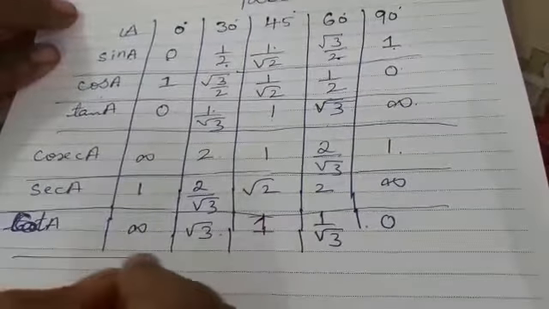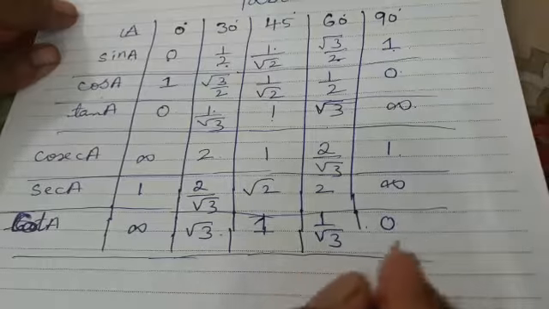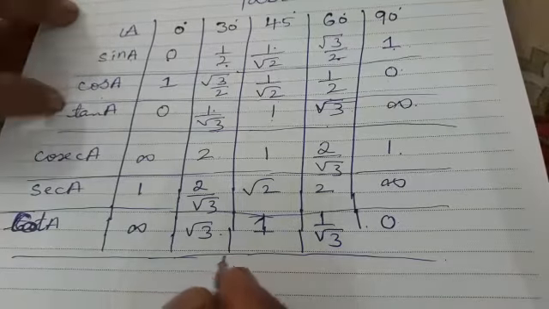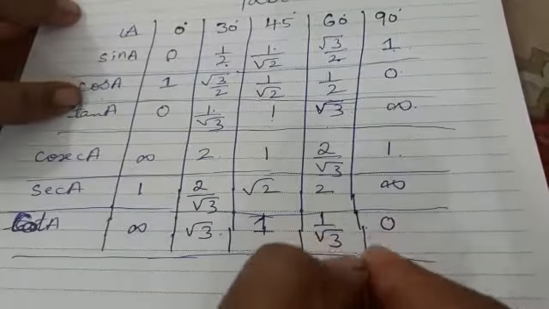So learn this table for sin A, cos A and tan. It will be easy for you to follow the others.